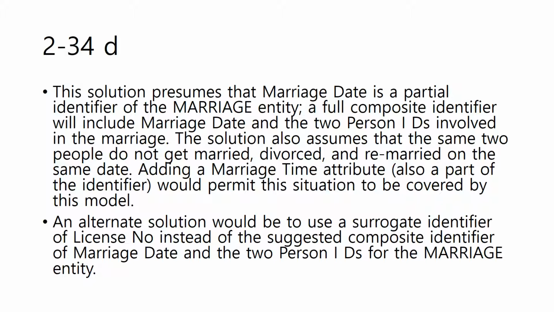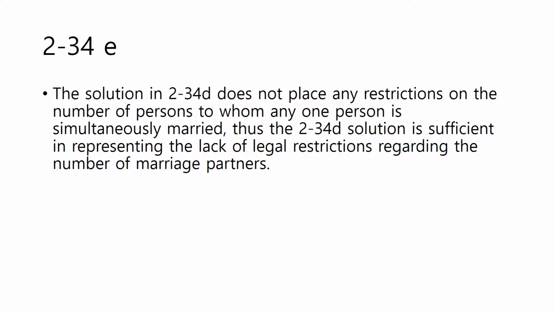Same as E, but the important one is the different one. So the solution in 2-34D does not place any restriction on the number of persons to whom any one person is simultaneously married. Third, the 2-34D solution is sufficient in representing the lack of legal restriction regarding the number of marriage partners.